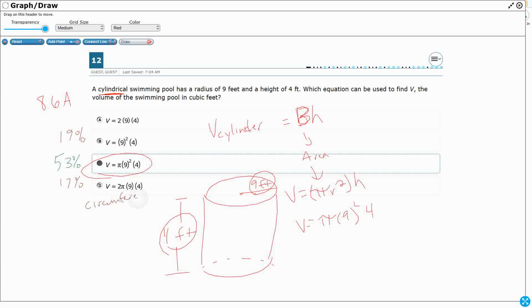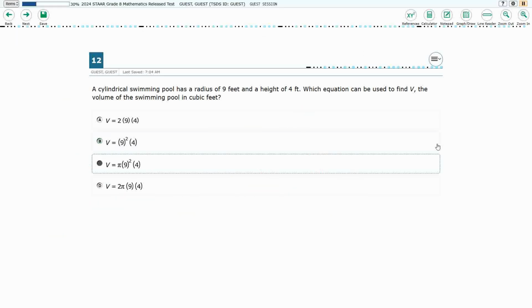So we know pi was involved somehow, but we just chose the wrong formula. And then we've got 11% getting close to statistical noise for A. So this was tied for our 18th easiest item on the test, closer to that 60% threshold, and we're almost getting there. We just need a little bit more practice.